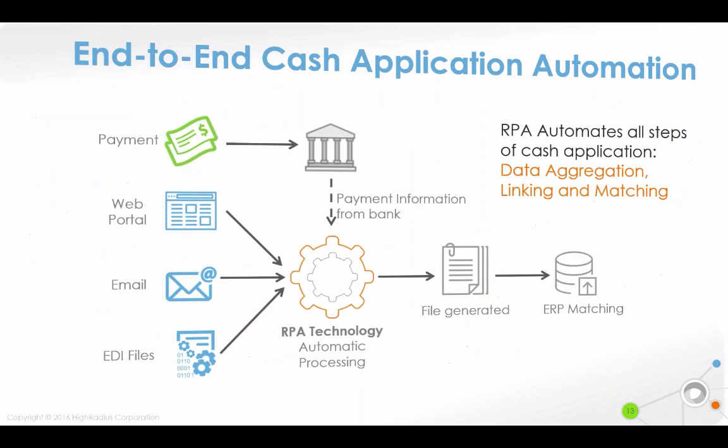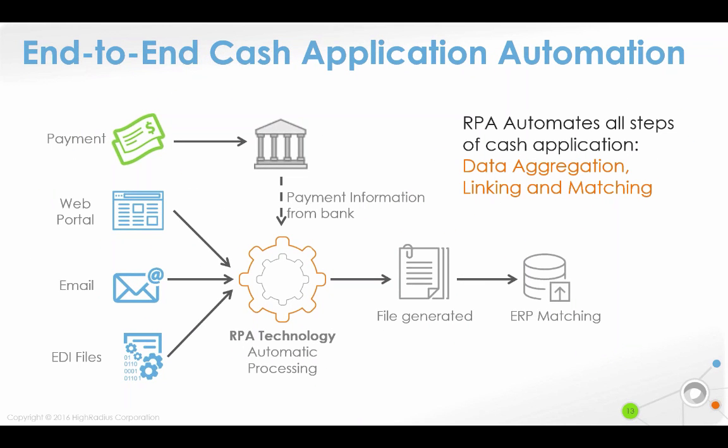So when we look at the cash application automation system, artificial intelligence and the RPA technology can automatically process the payments that come in from the bank and the remittance that are coming in from all over the place, regardless of format, regardless of how they're captured.